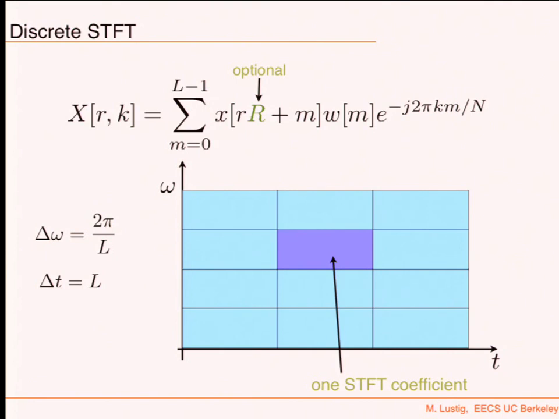So here's the time frequency tiling of the short time Fourier transform, or the discrete time, whatever I mentioned before. Now I take smaller windows, non-overlapping windows. Each coefficient for a particular r and a particular k would have some time resolution and some frequency resolution.